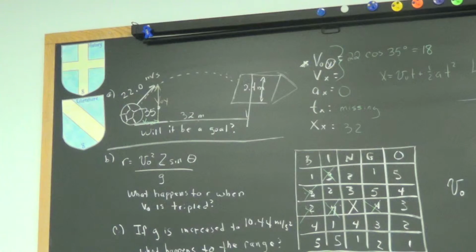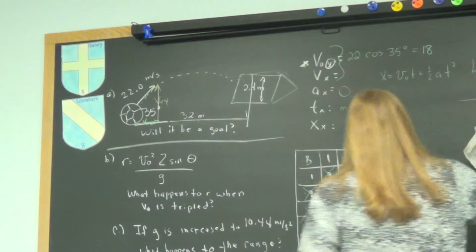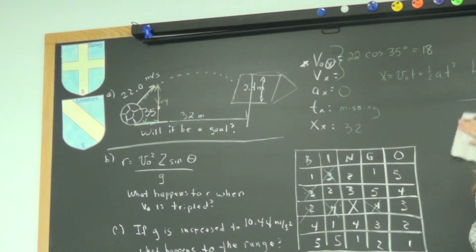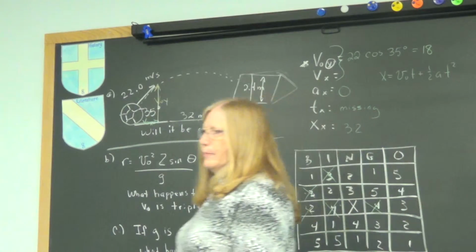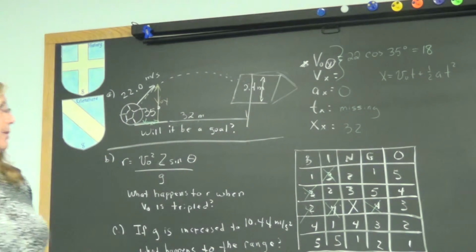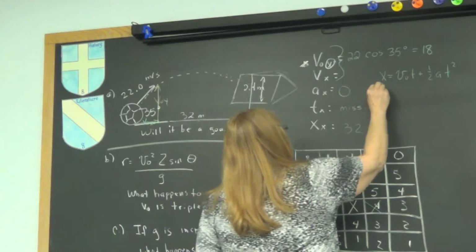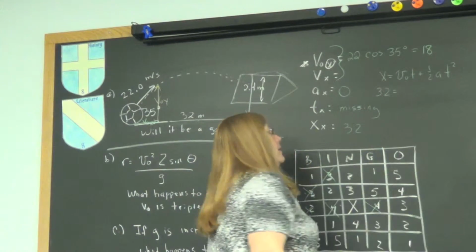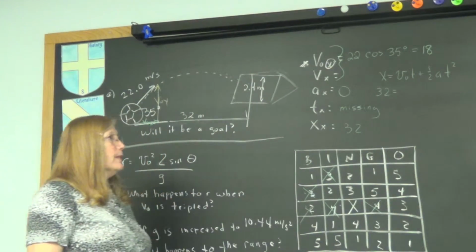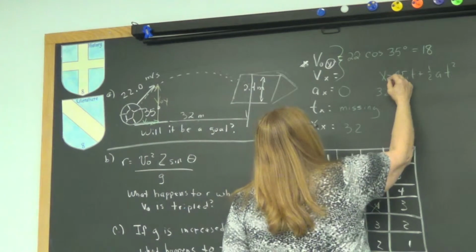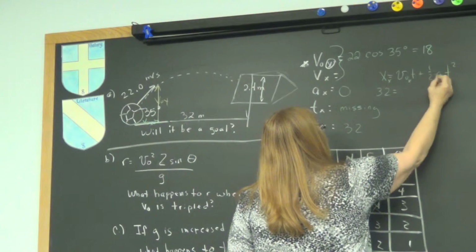The one having a cancels. Yeah, just do as best as you can. You're not going to be able to complete the problem. So what do we have so far? 32 equals 18, and then, we're doing all this in the x direction, so I'll put in a little x's.